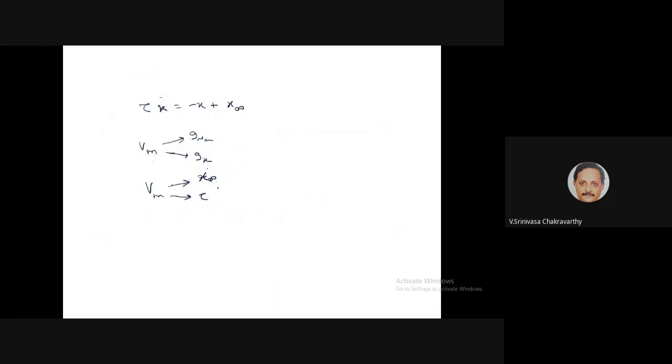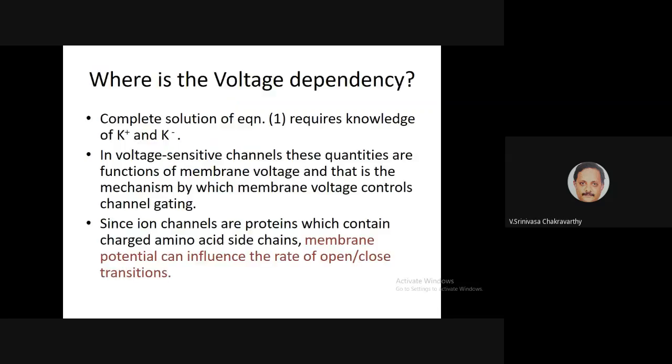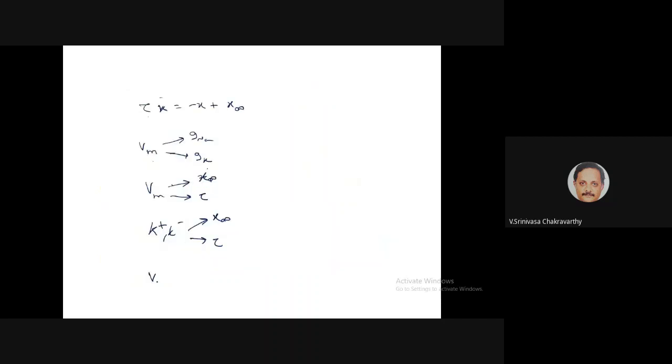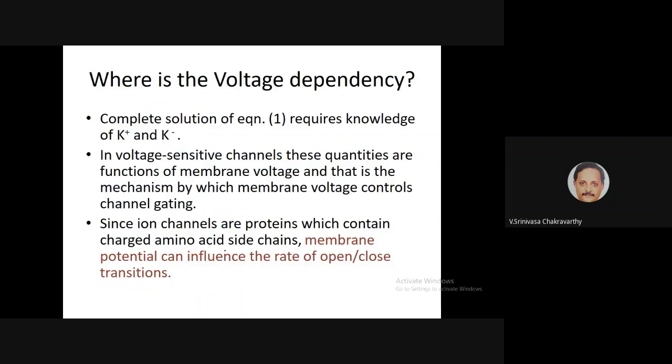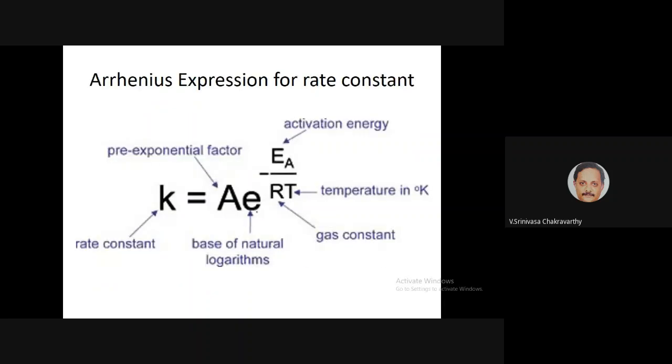We know that x infinity and tau come from K plus and K minus, which we just put in a different form to obtain x infinity and tau. So now the question is, how does the voltage control the rate constants? If you can understand that, everything else is just detail. For that, let us invoke the Arrhenius expression, which you must have studied in your high school chemistry.